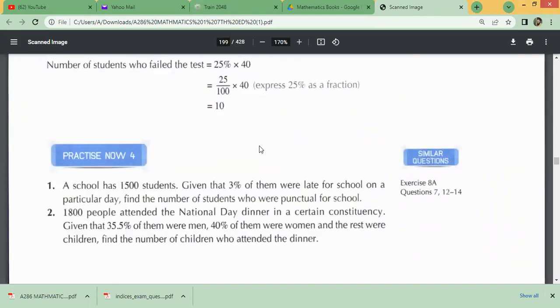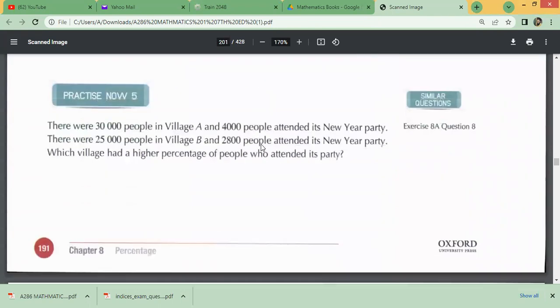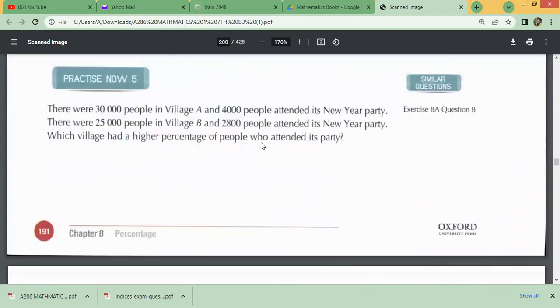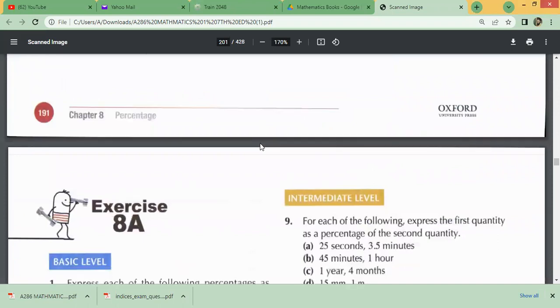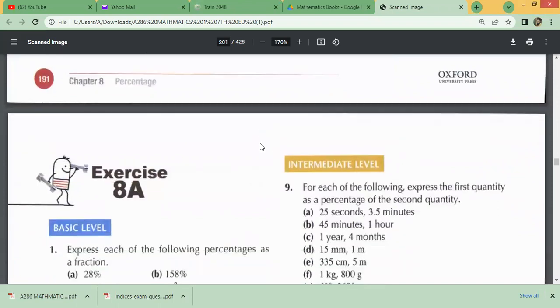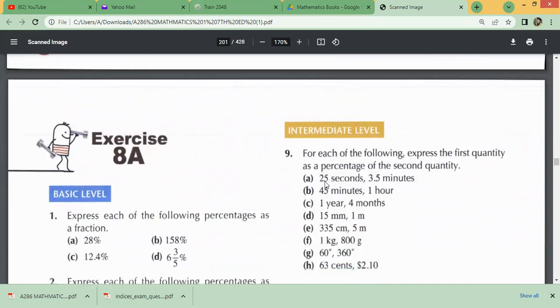Similar questions were there in exercise 8A: comparing two percentages, and representing one quantity as a percentage of another quantity. For example, 25 seconds as a percentage of 3.5 minutes.